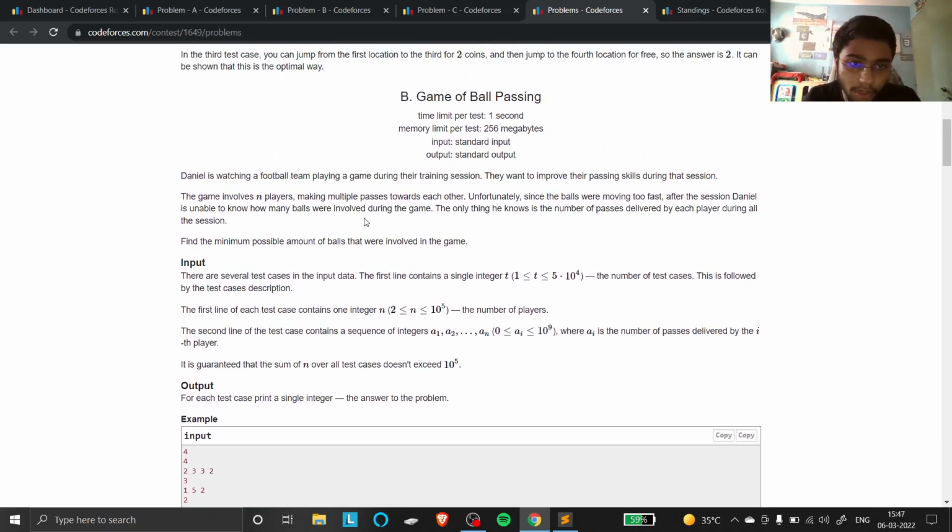Daniel is watching a football team playing a game during the training session. They want to improve their passing skills during the session. The game involved n players making multiple passes toward each other.